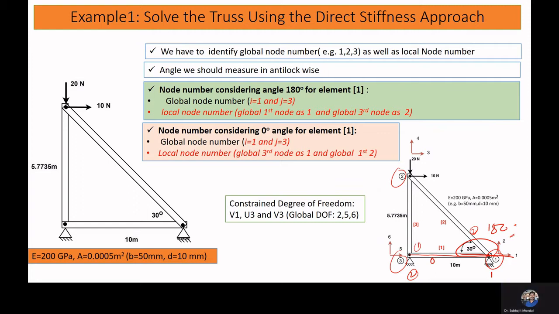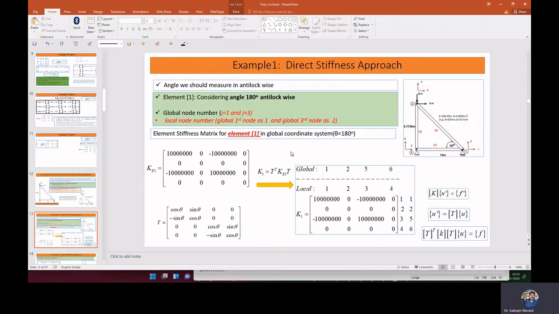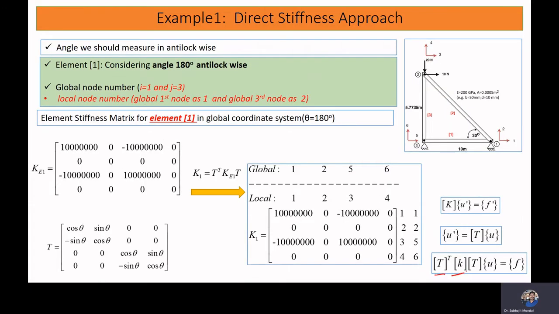Now with this node numbering, let us try to obtain our stiffness matrix. We know that we can obtain it by T transpose KT. Now we will consider this first element. We already know the local degrees of freedom 1, 2, and 3 and 4, and the global degrees of freedom, already mentioned, are 1, 2, 5, and 6.